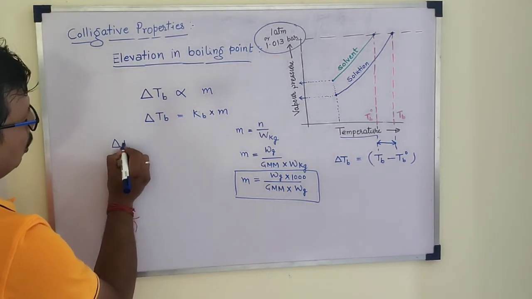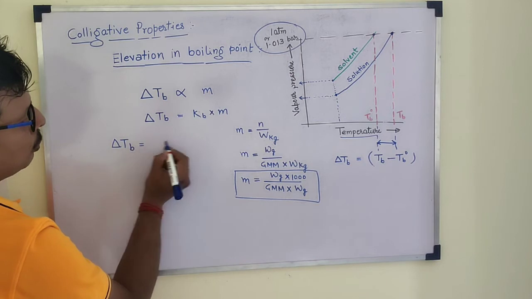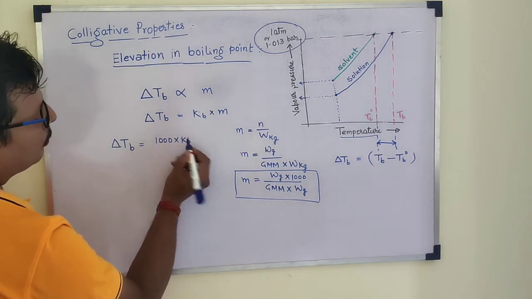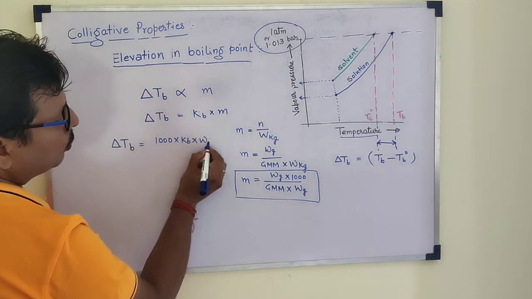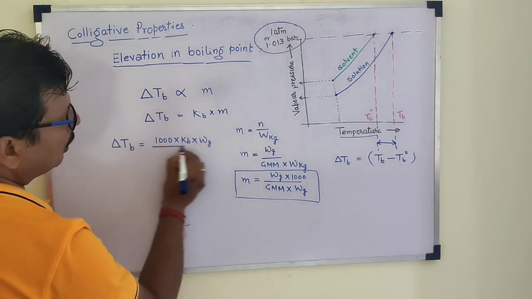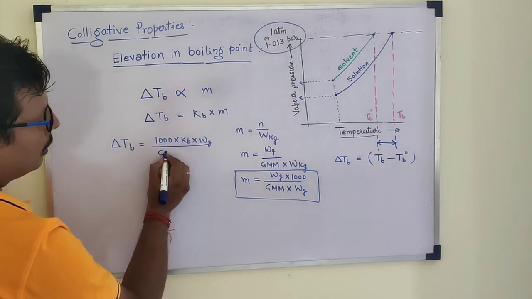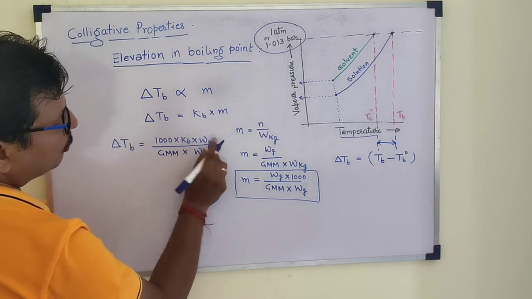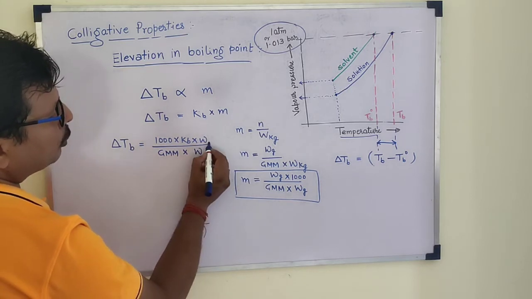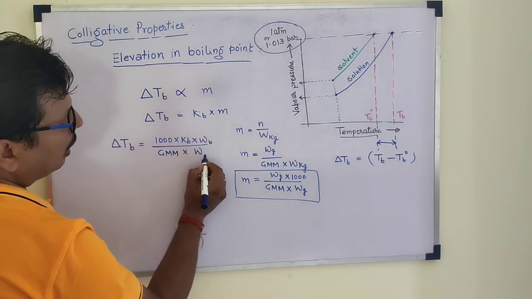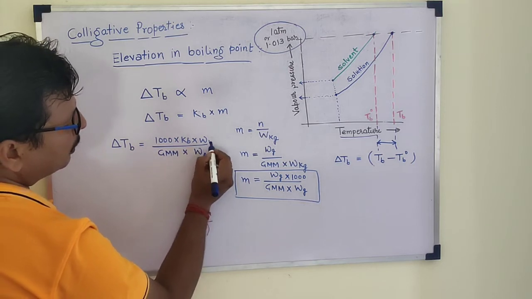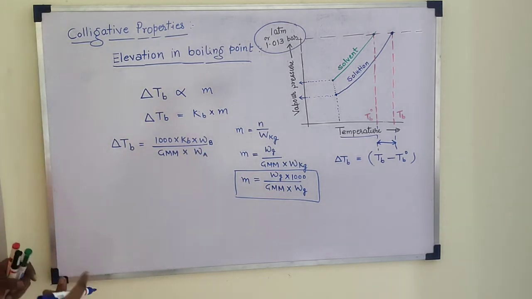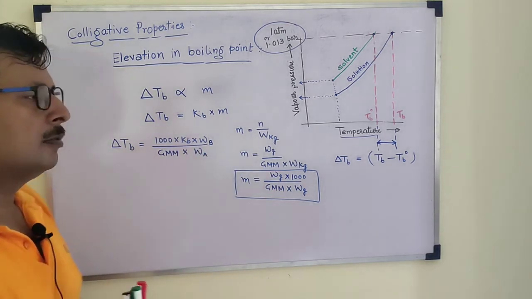Then the equation becomes: delta TB is equal to 1000 into Kb into W gram by GMM into weight of solvent. Actually, I represent the weight of solute by Wb and the weight of solvent by Wa. This Wb means weight of solute, this Wa means weight of solvent.